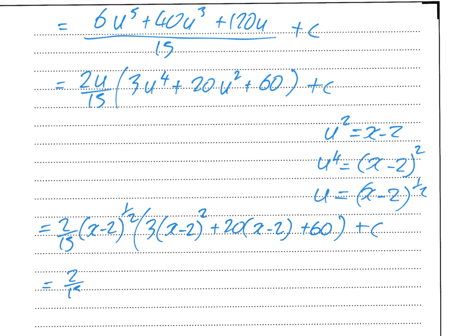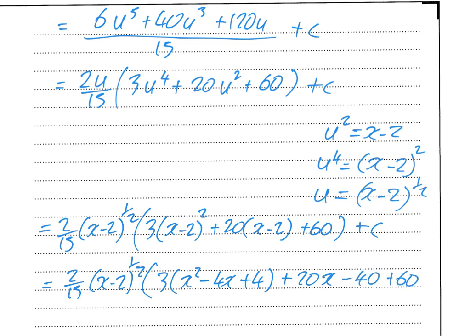Okay, the 2 over 15, x minus 2 to the power of 1/2 is fine, don't do anything with it. Then we have a good bit of tidying up to do in here. We've got 3 times x minus 2 squared, which is going to be x squared minus 4x plus 4. And over here, you're going to have plus 20x minus 40 plus 60, and plus your constant of integration.